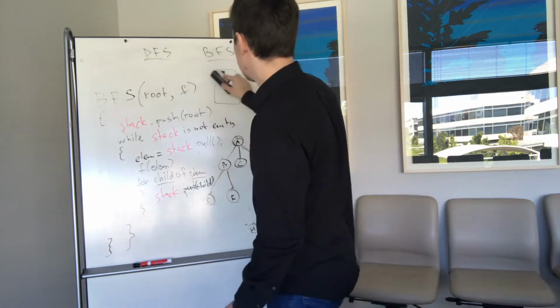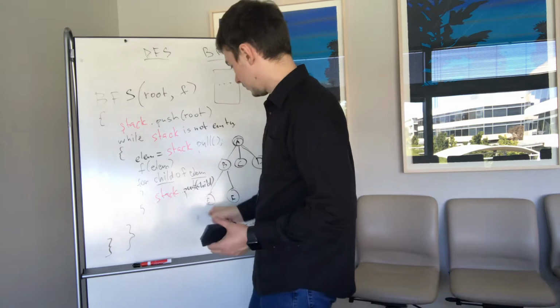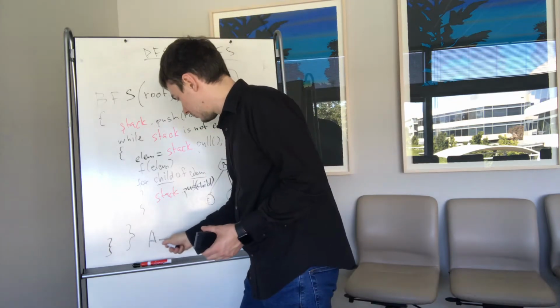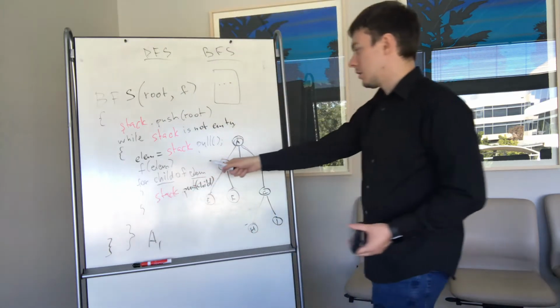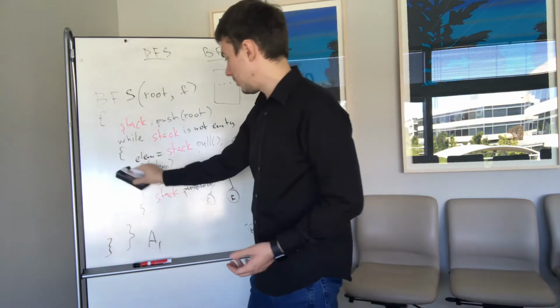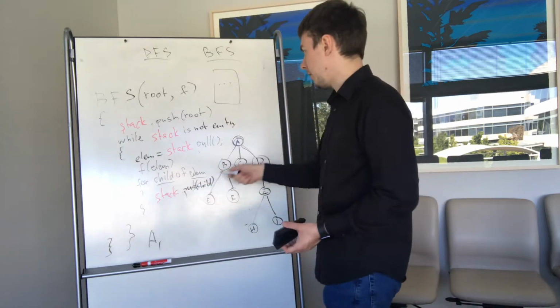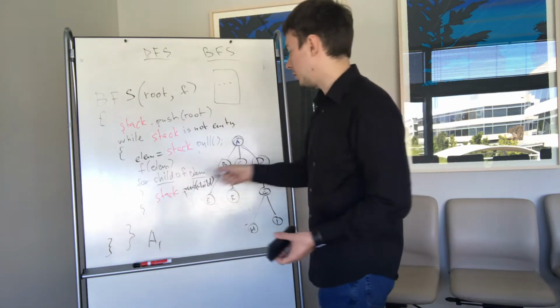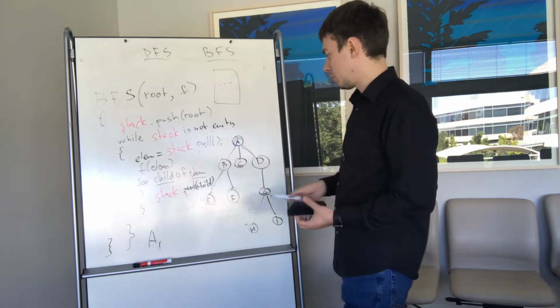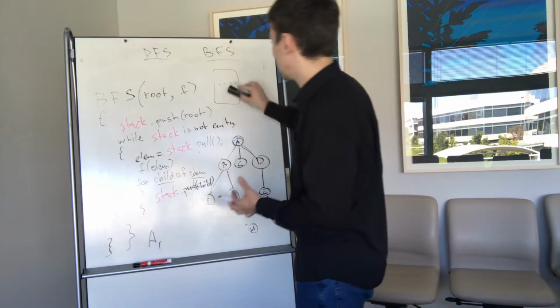Now our stack looks like this. We print our element, and we add all the children of A to stack.